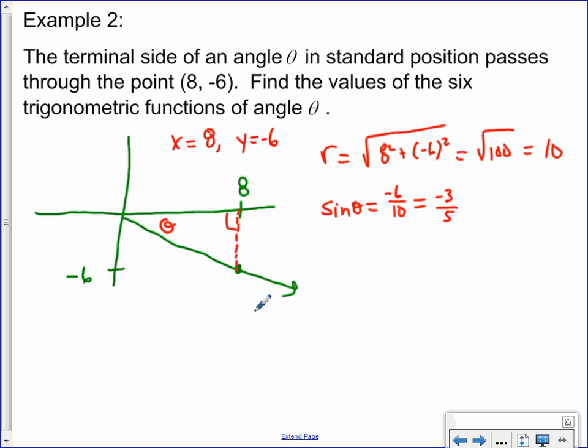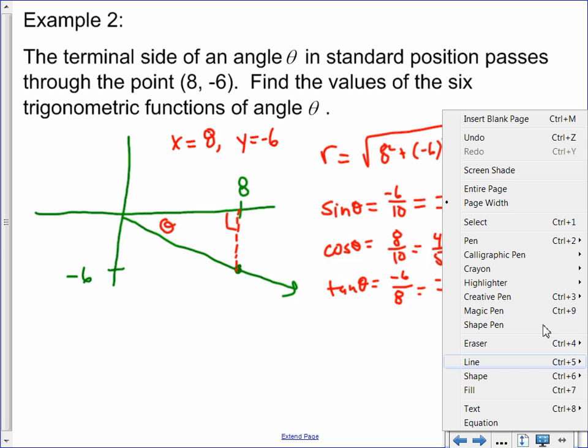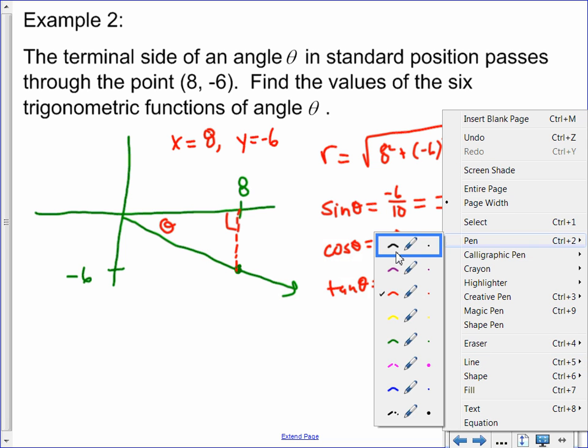The back of the book will have reduced fractions, rationalized denominators, and simplified radicals. So reduce if you can. All right. So cosine is 8 over 10, which is 4 over 5. Gorgeous. And then tan is negative 6 over 8, which is negative 3 over 4. Okay, continuing our list.